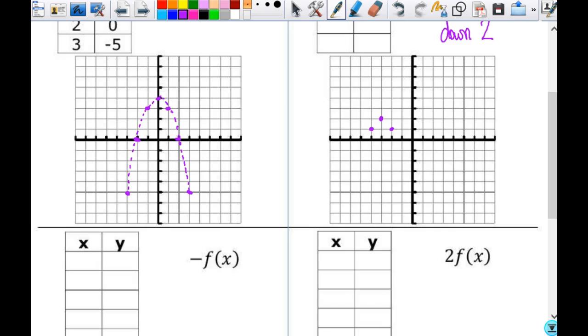And maybe from this point, you go to the left 1 and down 3. And then you do the same thing over here because it is symmetric. Then from this point, I go to the left 1 and down 1, 2, 3, 4, 5. And you can graph it that way.